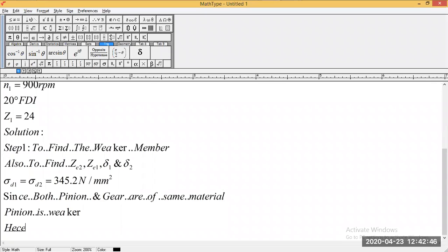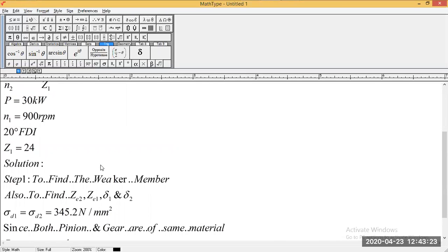Hence, design is based on pinion. Whichever is the weaker member once you have got, since both are same material, you decide that pinion is the weaker member. So we have found the weaker member, but we also need to find these values here.